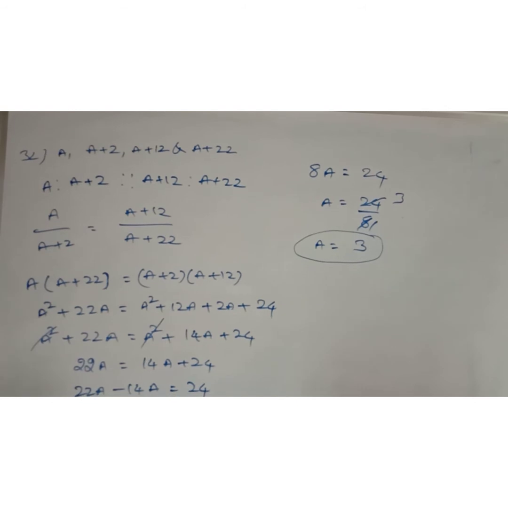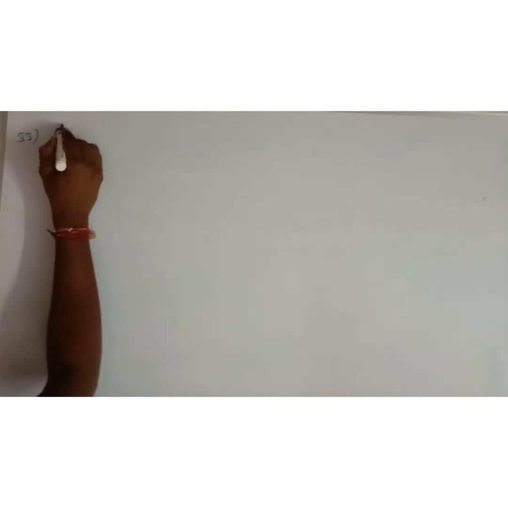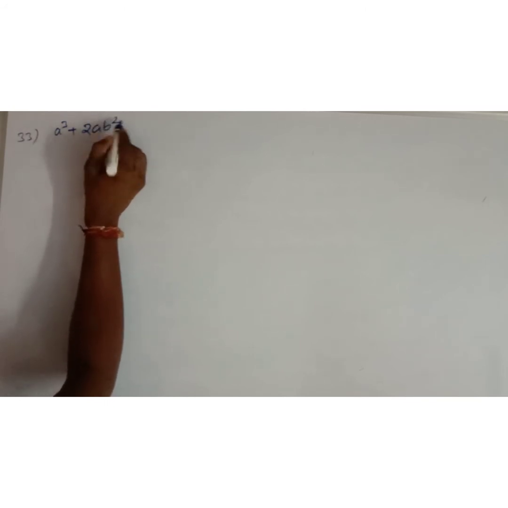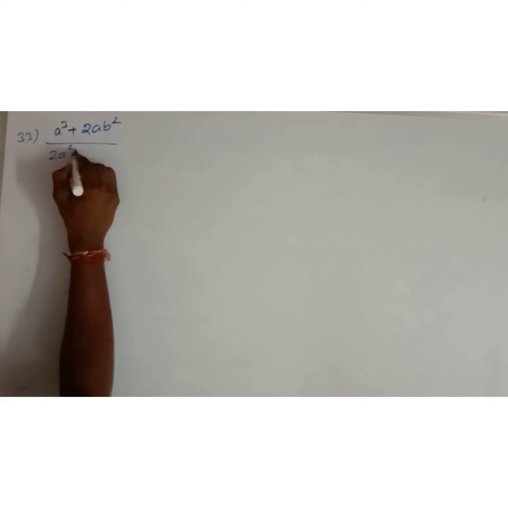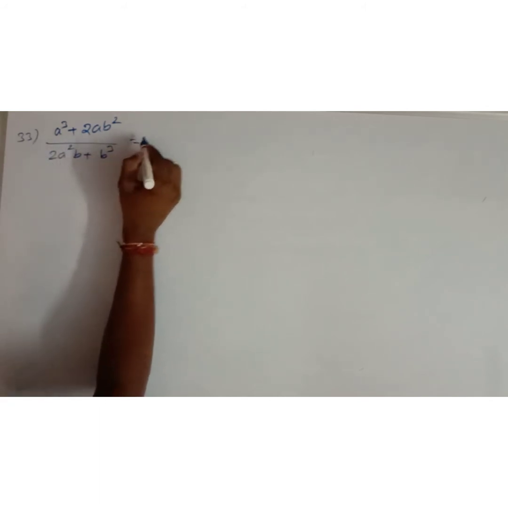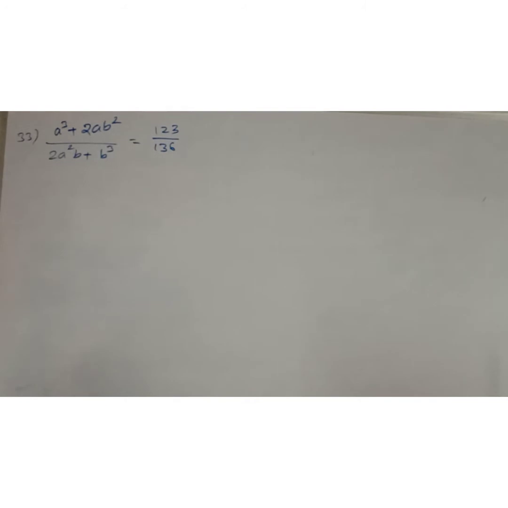So they asked us to find the value of a. A is equal to 3. Yeah children, the next question is the 33rd question. If a cube plus 2ab square divided by 2a square b plus b cube is equal to 123 by 136, then I have to find the value of a is to b.